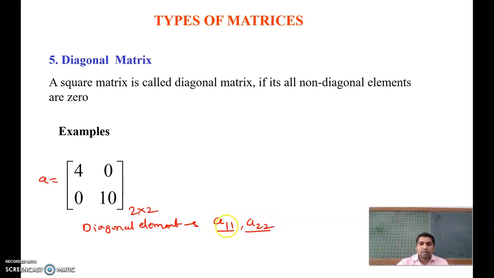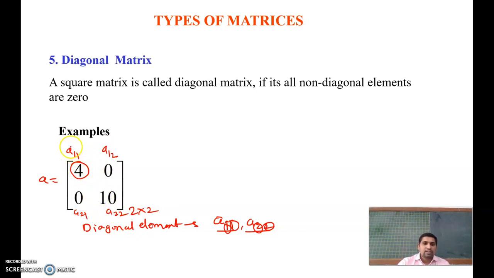In this example you can see that this element is from the first row and first column. This element is from the second row and second column. So a diagonal element has the same row and column position. That element is called a diagonal element. In this example, the elements have positions A11, A12, A21, A22.